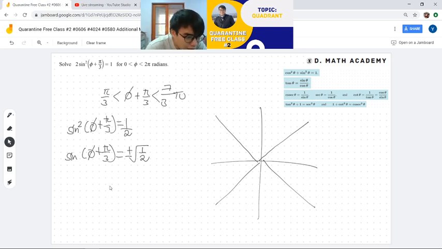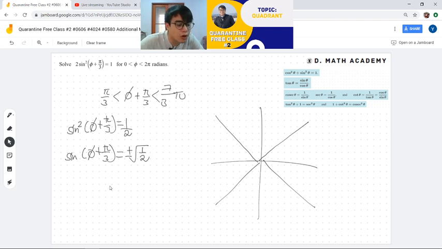So someone asked the last question why we ignore cosine equals to negative 5 over 2. You can key in cosine inverse negative 5 over 2 into your calculator, then you get a mathematical error. So you don't have results that are more than 1 or less than negative 1 for cosine.